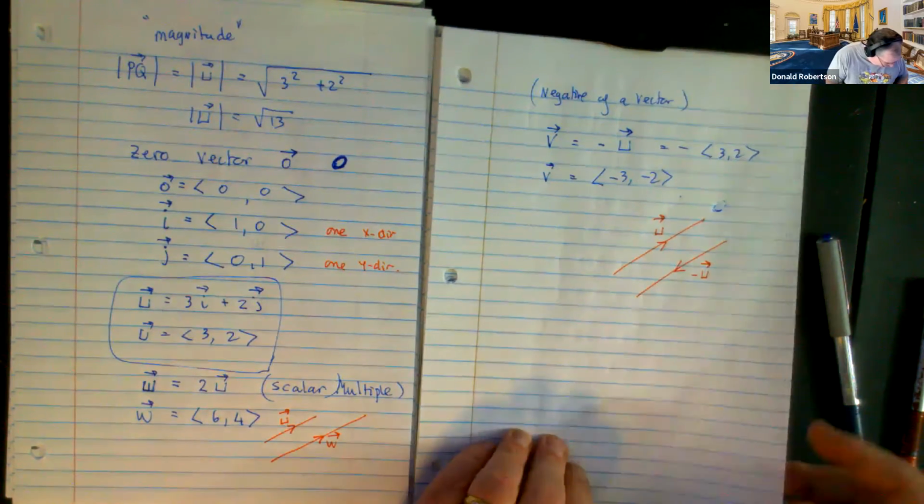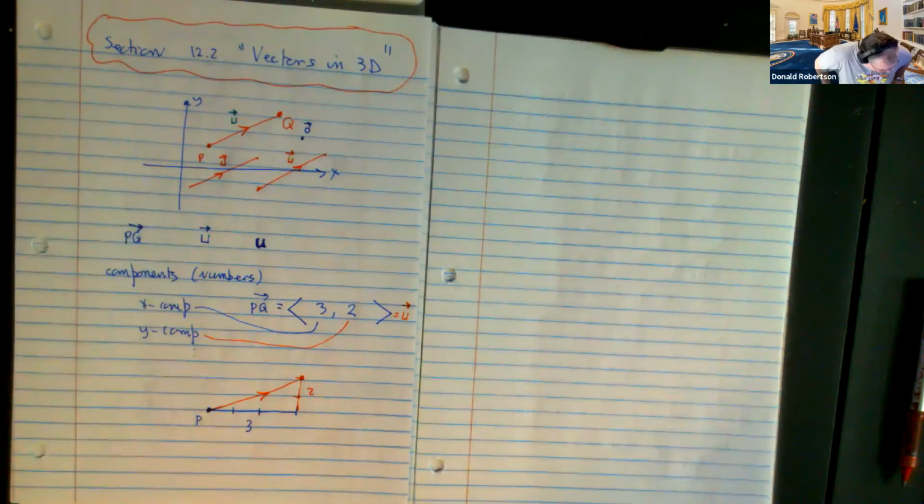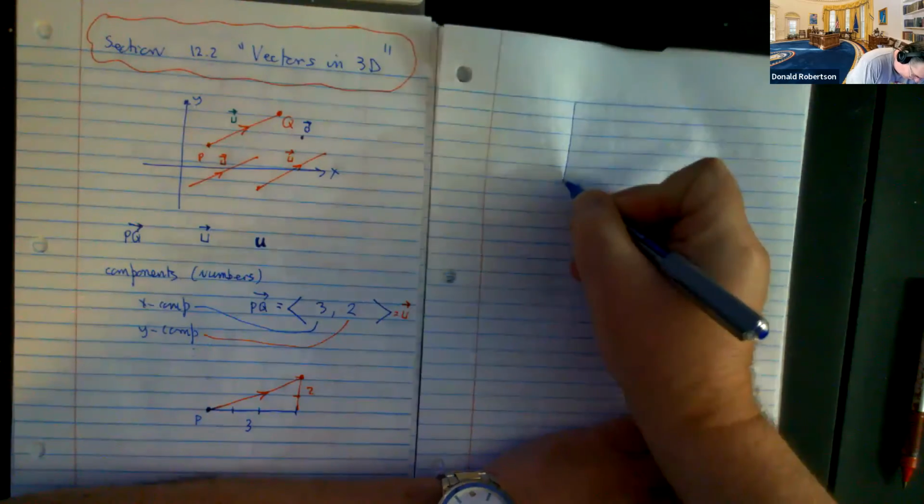Right, that is the end of as much as I want to do in the 2D world. A lot of what I'm going to do is equivalent in the 3D world. So now we're going to do 3D vectors.